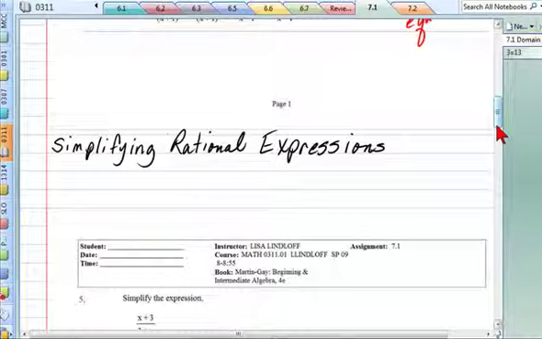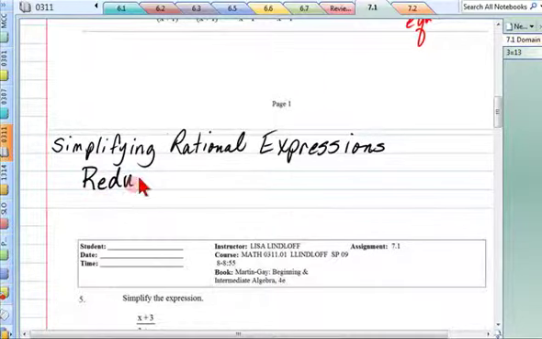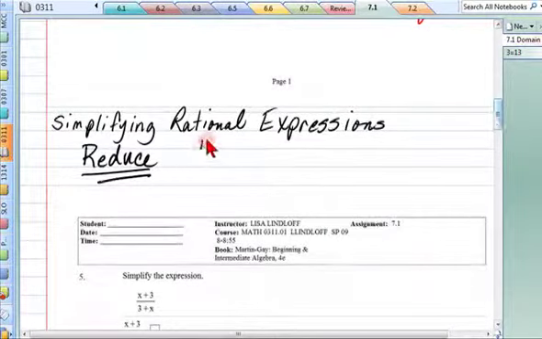Now, simplify is probably the most overused word in algebra because it means different things depending on the setting. In this setting, simplify is going to mean reduce. You're going to reduce to lowest terms. Now, arithmetic fractions. Let's suppose we have 10 over 15. How do you reduce that fraction? You divide. What do you divide into the top and the bottom? 5.